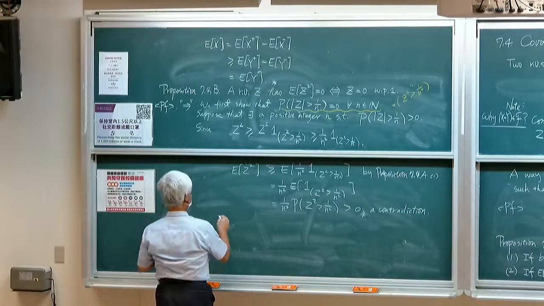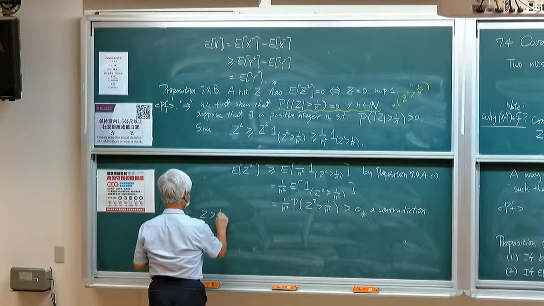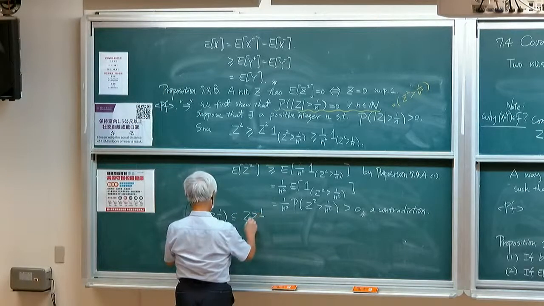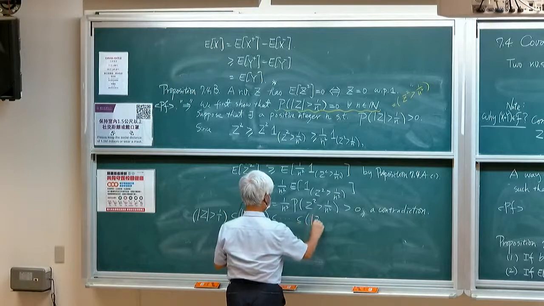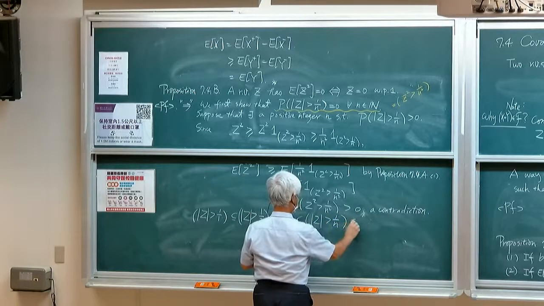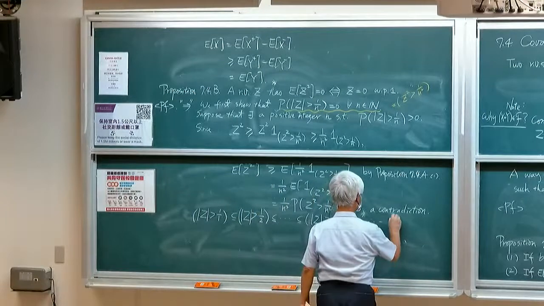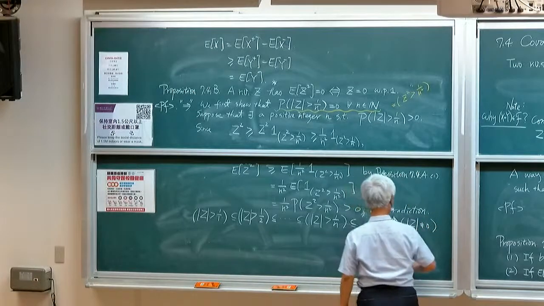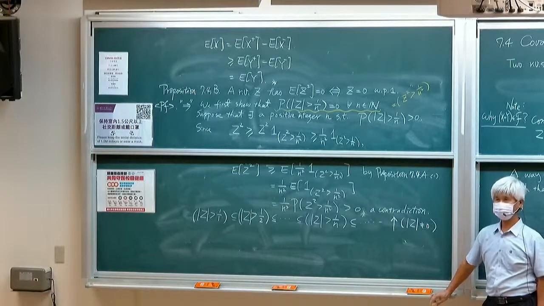So now the event Z greater than 1 over 1 is contained in Z greater than 1 over 2, and so on, up to Z not equal to 0. Okay? Not equal to 0.